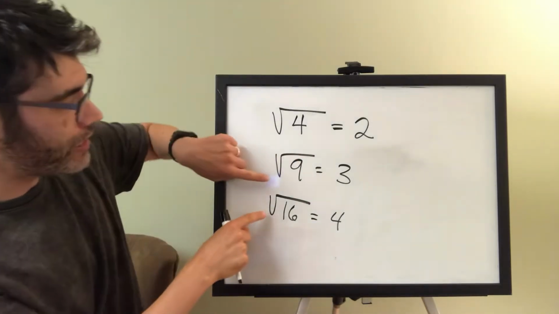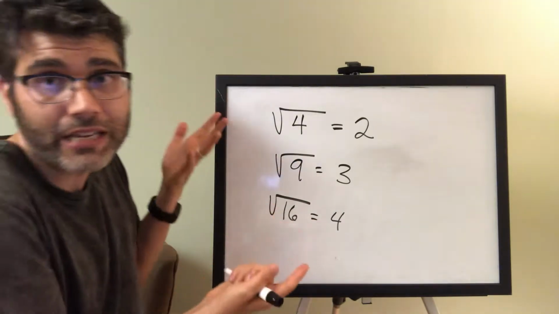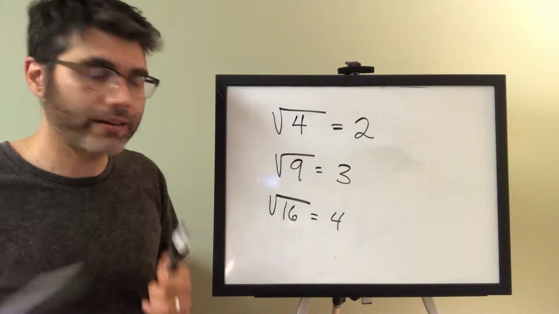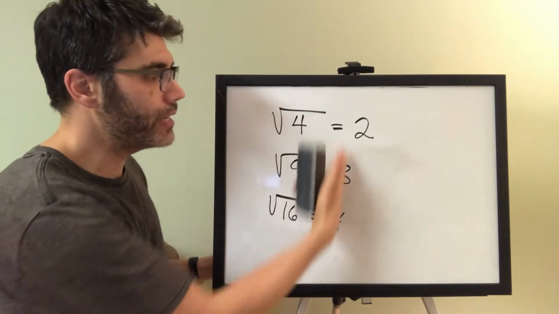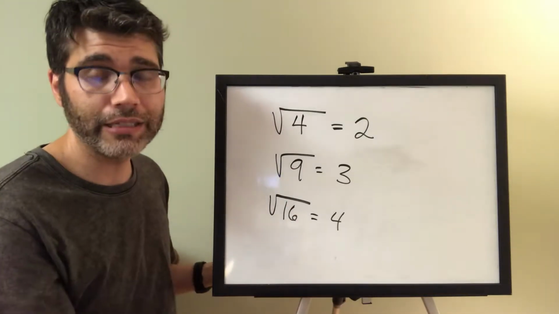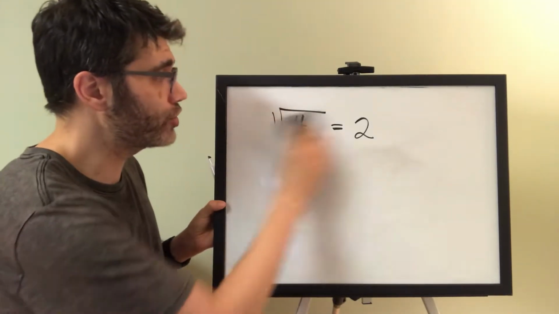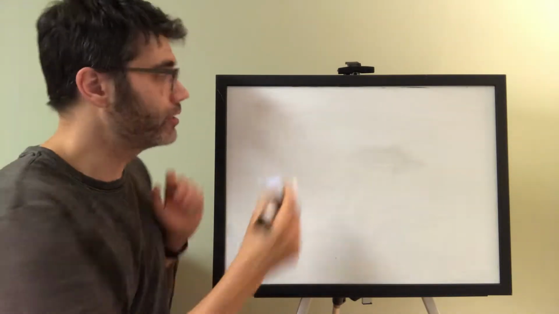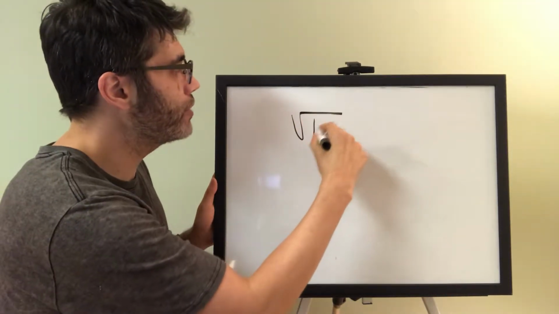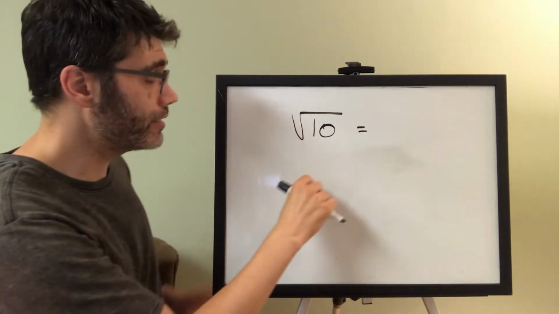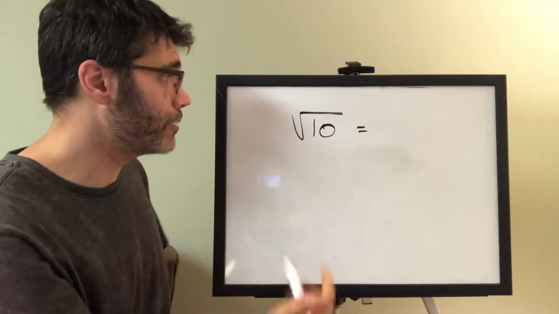Okay, but what if we did something between 9 and 16? Let's say the square root of 10. Square root of 10 is not going to be a nice integer like this. It's going to be an irrational number. So whenever you're taking the square root of something that's not a perfect square, it's going to be irrational. So the square root of 10 we know is irrational because 10's just not a perfect square.